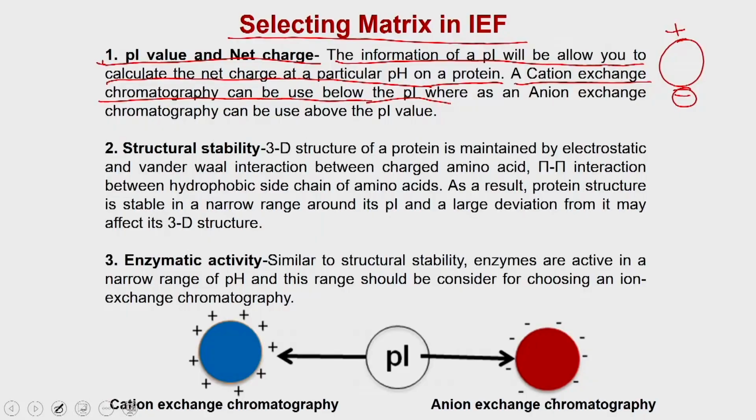This means if you have a protein whose pI value is 7.4, and you would like to use cation exchange chromatography, you have to perform it at 5.4. But if you would like to use anion exchange chromatography, you have to use a pH of 9.4, which means you have to bring a 2 unit difference from the pI value.